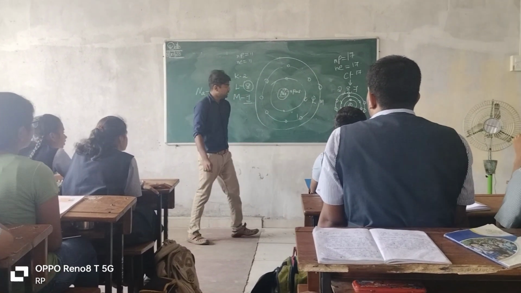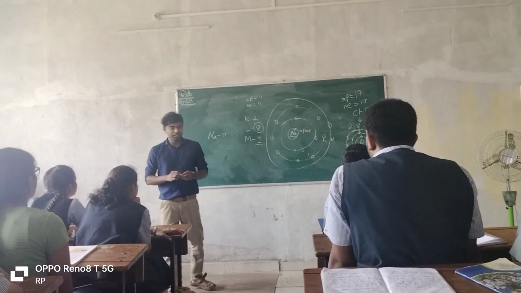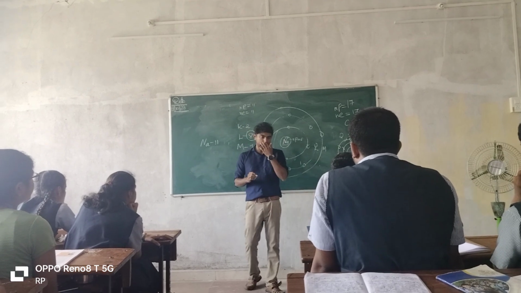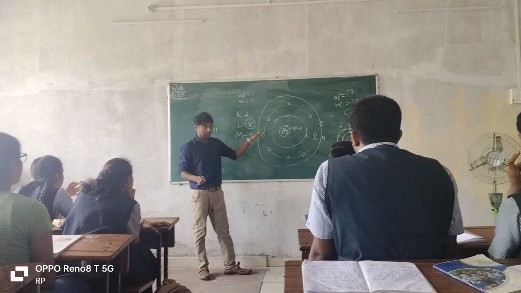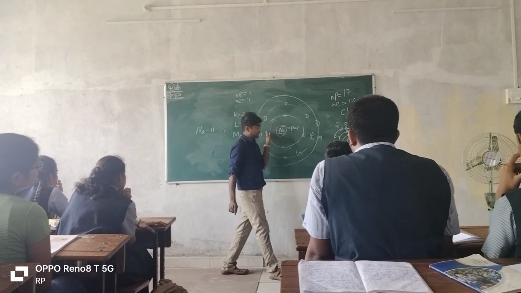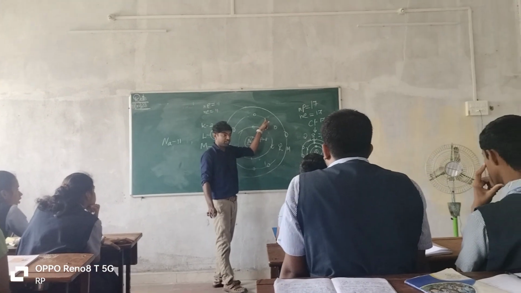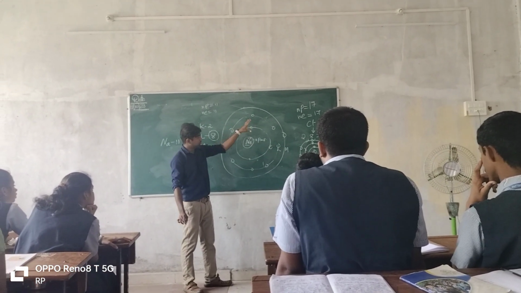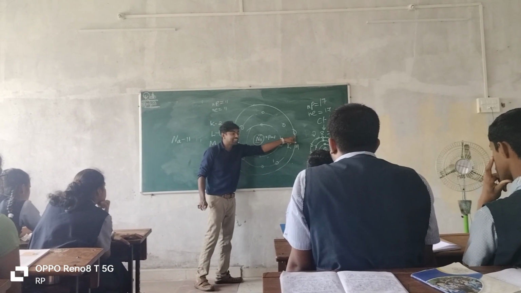Correct now? So what is the problem of chlorine? See here. Chlorine is having 7 electrons on the outermost shell, and here there is 1 electron. If you think about it, 8 electrons are there on the L shell, and the M shell is having 1 extra electron.